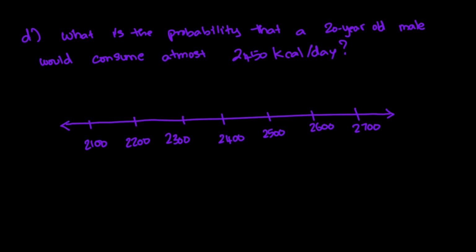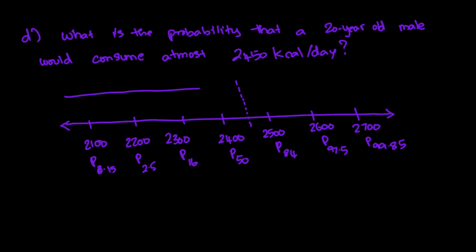So I know the percentile of this observation, which is 0.15, and of that observation, which is 2.5, and that is P16, P50, P84, P97.5, and P99.85. But in this question, we'd like to know the probability that someone would consume below 2,450. So I'd like to know that probability.